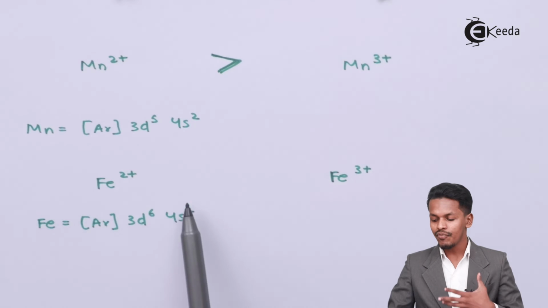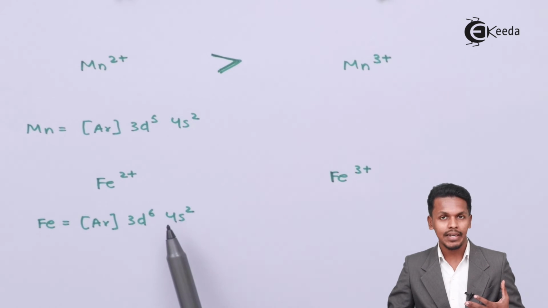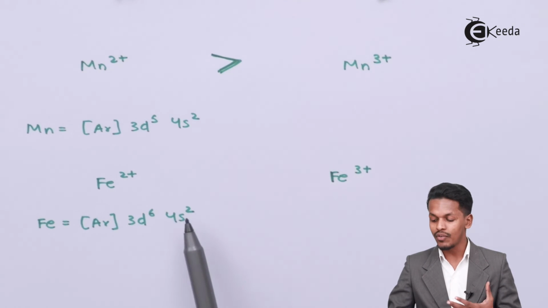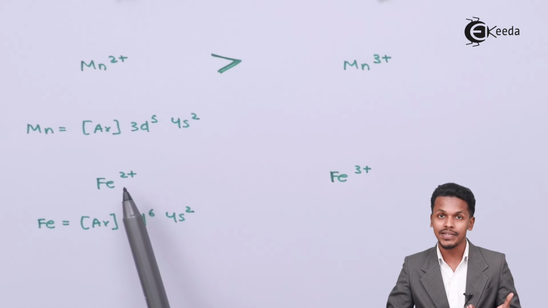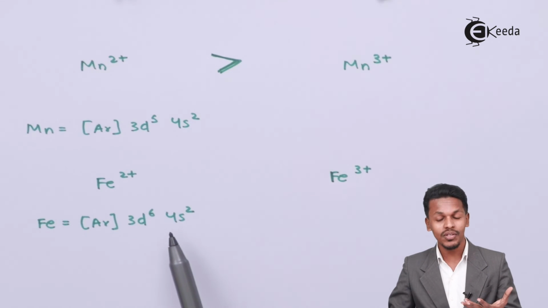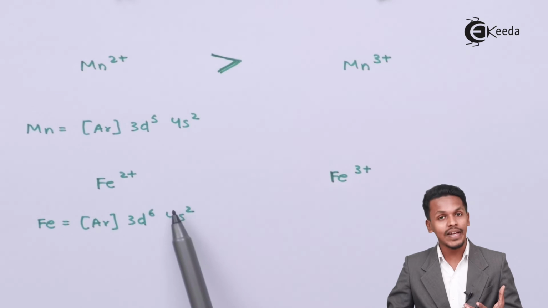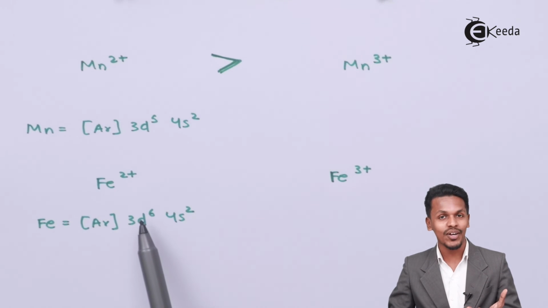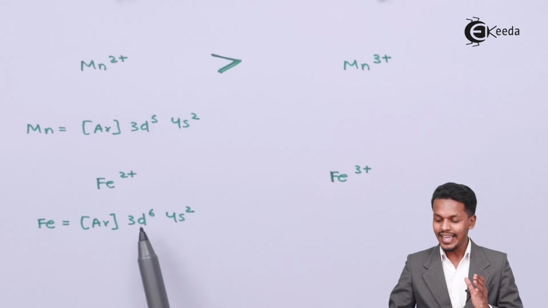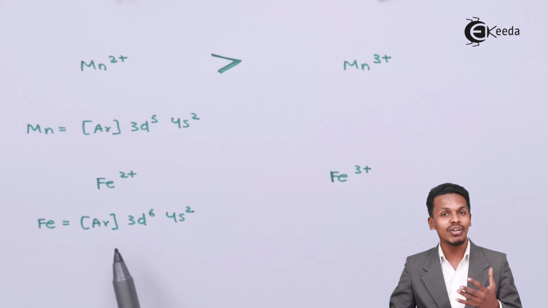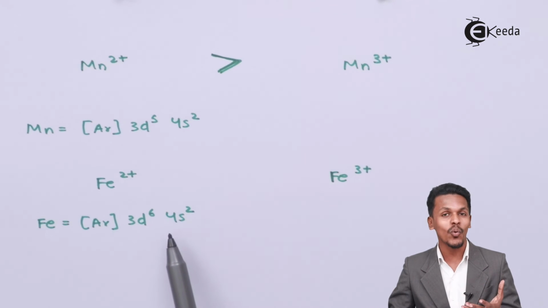If two electrons are lost by the iron atom, it acquires an oxidation state of Fe2+. But if three electrons are lost, that is, not only these two electrons but also one electron of the d orbital, then the 3d6 would turn into 3d5 and the 4s2 into 4s0.